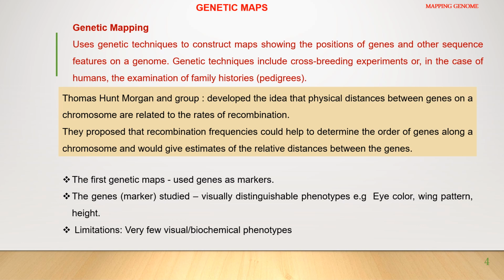The first genetic maps created used phenotypic markers like eye color, wing pattern, and height. The main limitation of these markers is that not all phenotypes are visual.